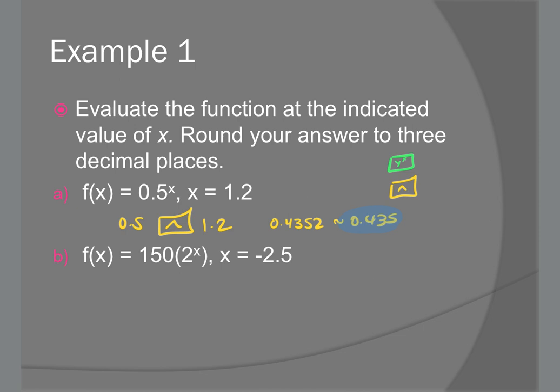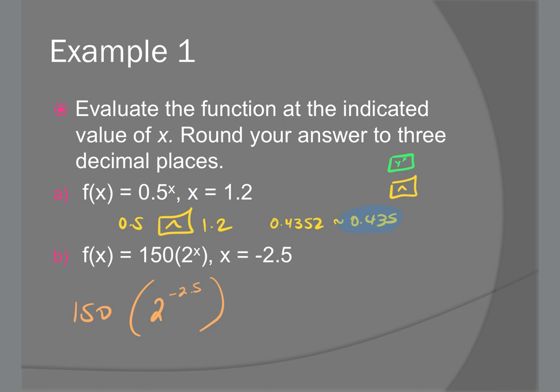For B, it says 150 times 2 to the x, and x is negative 2.5. So I'm going to first do 2 to the negative 2.5, and then you can put that in parentheses and multiply it times 150, or you could take that answer and multiply it times 150. It's up to you. Just be careful and don't multiply out the 150 and the 2 and then raise that to the negative 2.5.